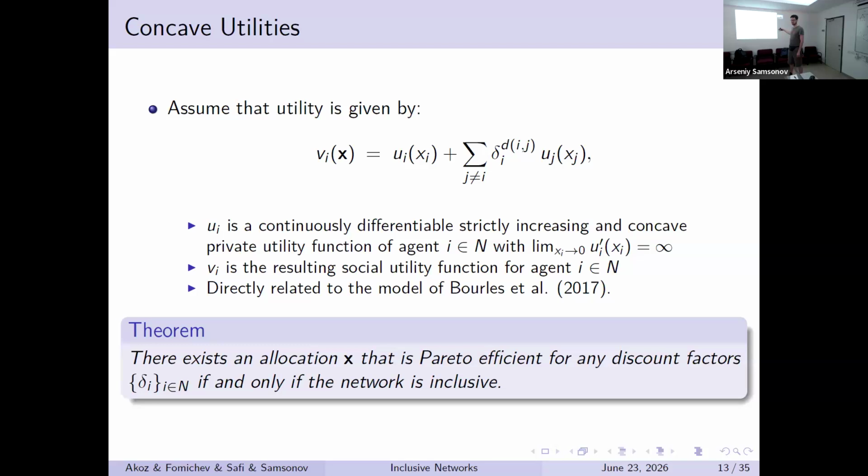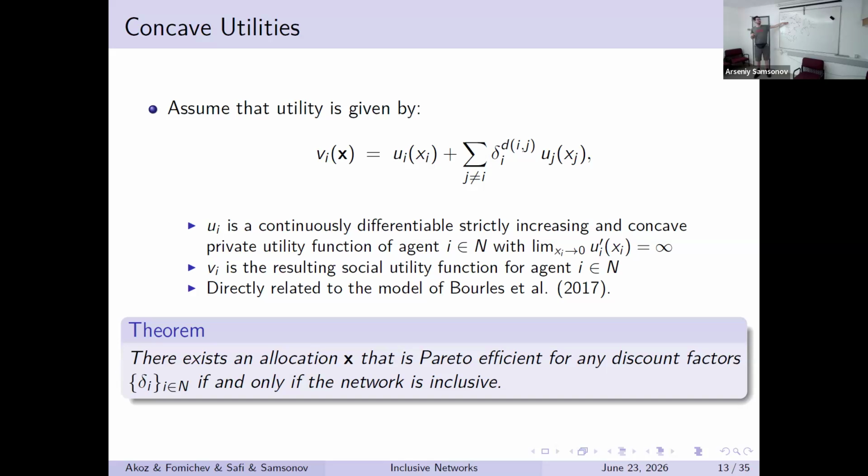And now I'm adding charity-free on top of that. So if the network is non-inclusive, there is this claw, then there is no allocation in the concave world which is Pareto efficient for all discount factors. And so clearly there is no allocation which is Pareto efficient and also charity-free for all discount factors.